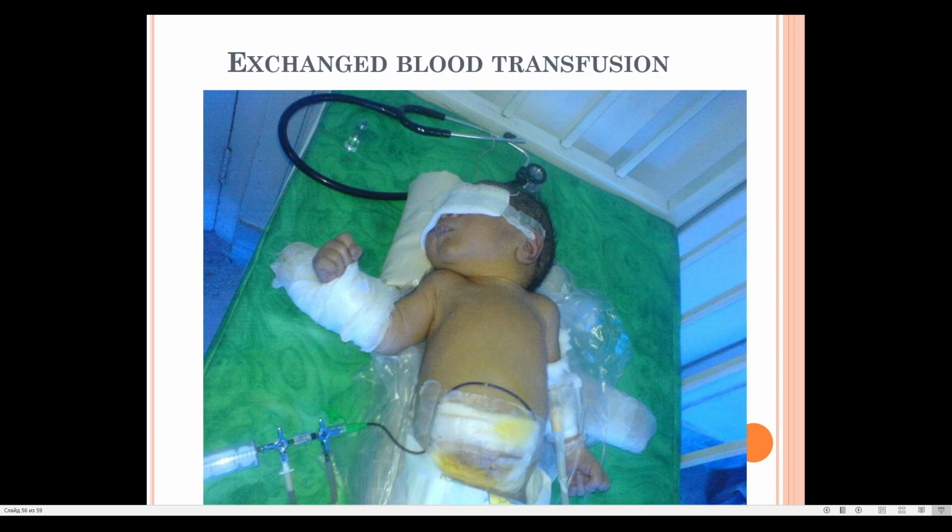A venous catheter is put into the umbilical vein, and two injectors or two tubes are added to that catheter, one to give blood in, one to take blood out.